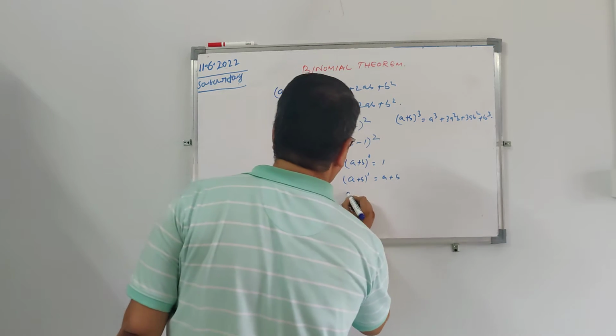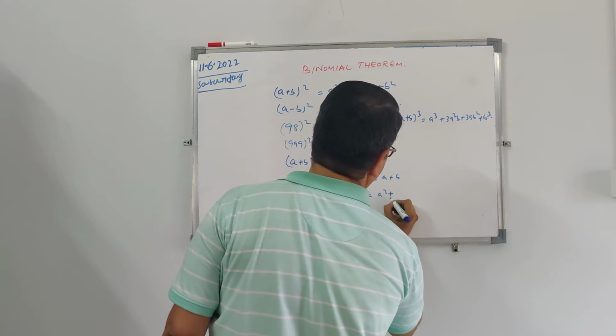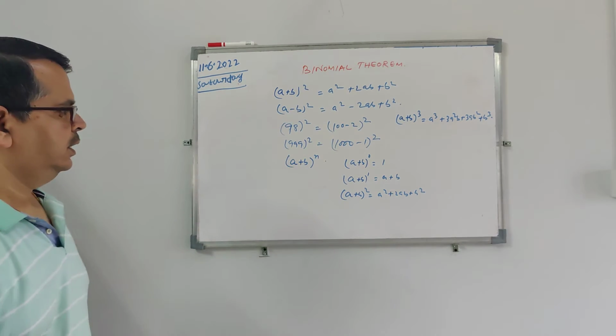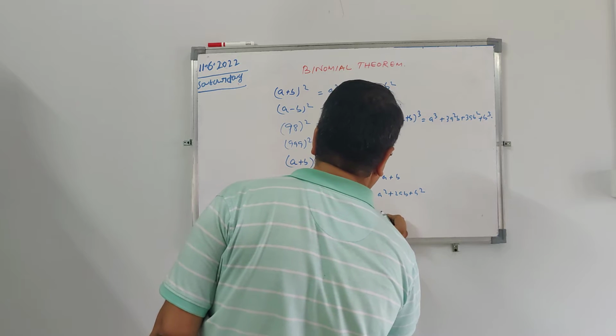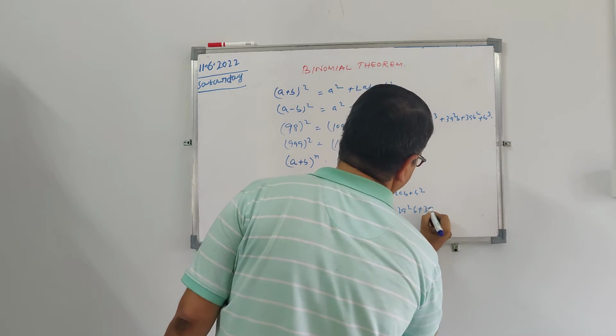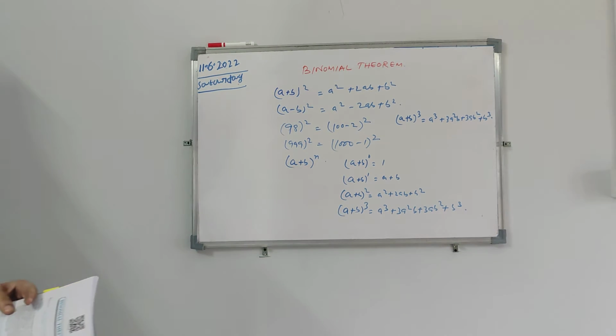Then (a plus b) to the power 2 is equal to a square plus 2ab plus b square. Similarly, (a plus b) whole cube is equal to a cube plus 3a square b plus 3ab square plus b cube.